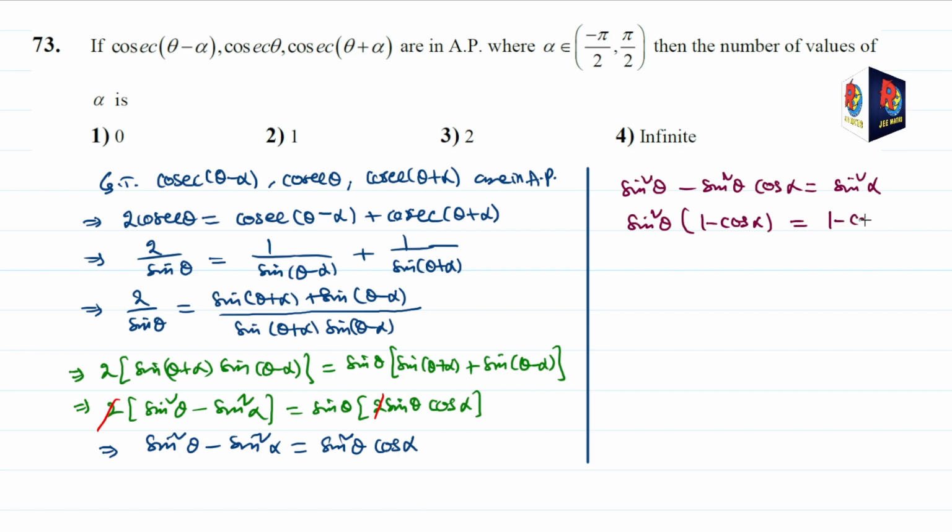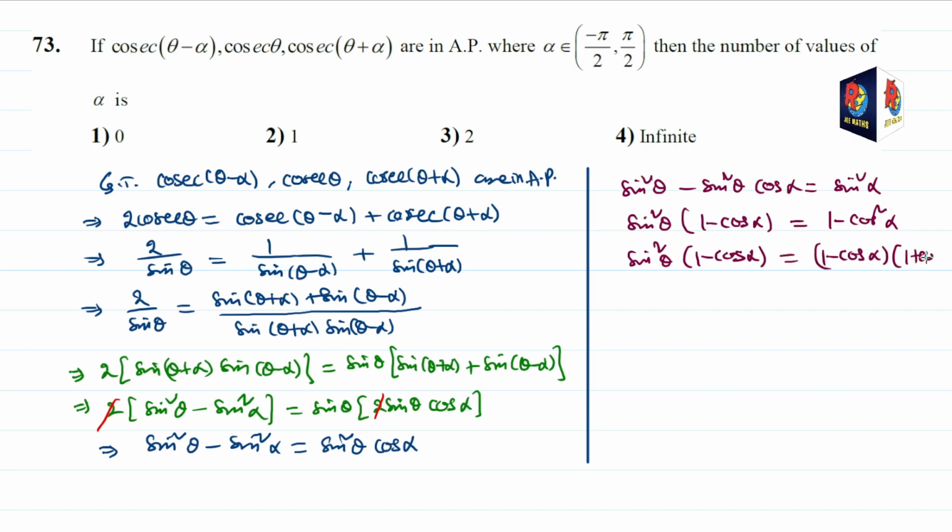Sin square alpha I can write as 1 minus cos square alpha. So in this question I can write the right hand side like this also: sin square theta into 1 minus cos alpha equals 1 minus cos alpha into 1 plus cos alpha.